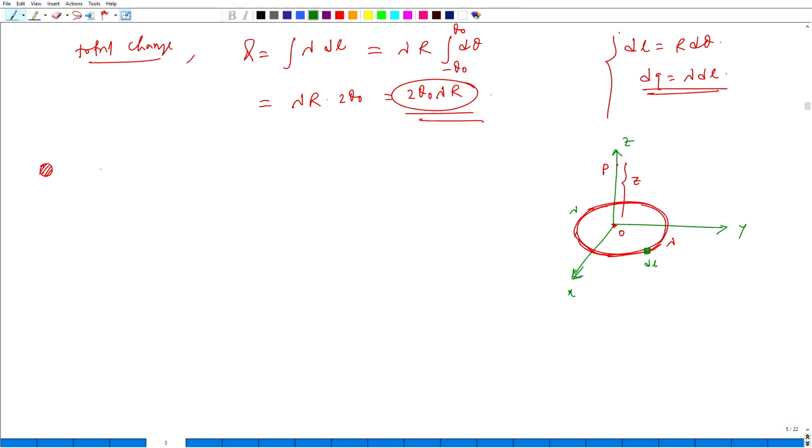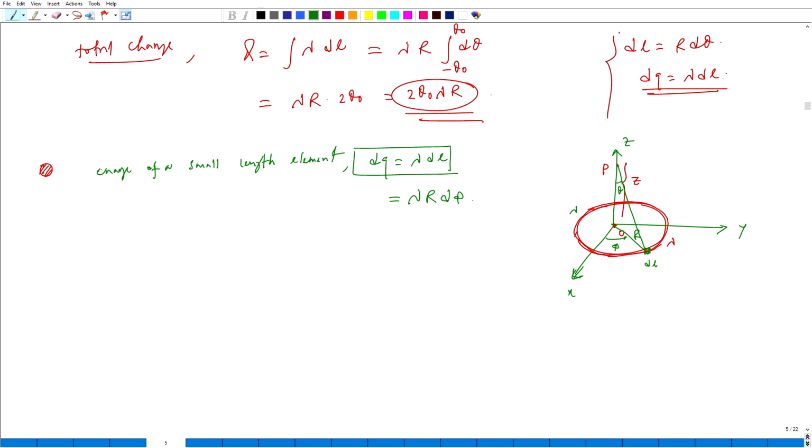The charge of a small length element is dq equals lambda times dl, and if the radius of the circle is r, then dl is r d phi. This angle with the x axis is phi, and the angle with the point P is theta.